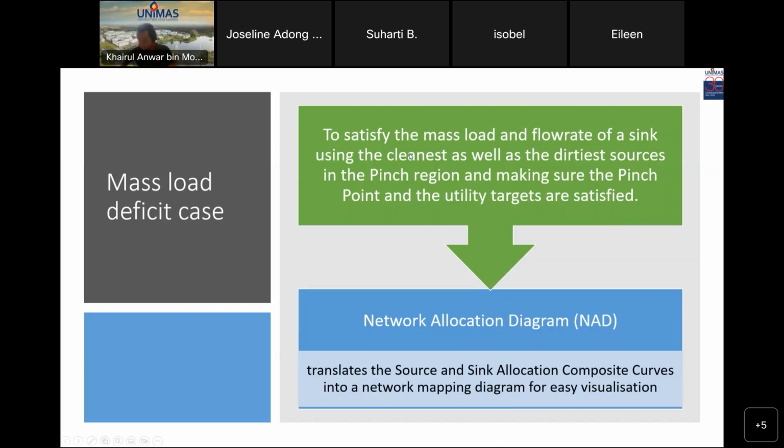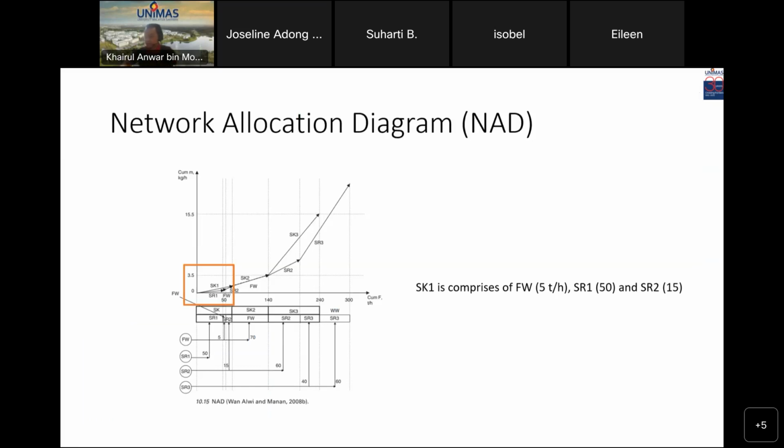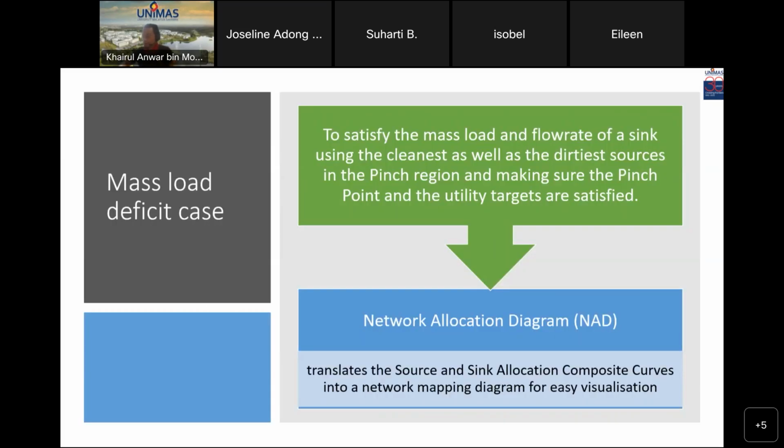They proposed it because the previous method by Polley and El-Halwagi, which uses the cleanest-to-cleanest matching rule, only caters for the flow rate deficit case.